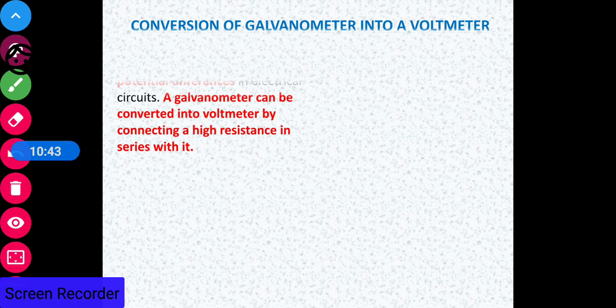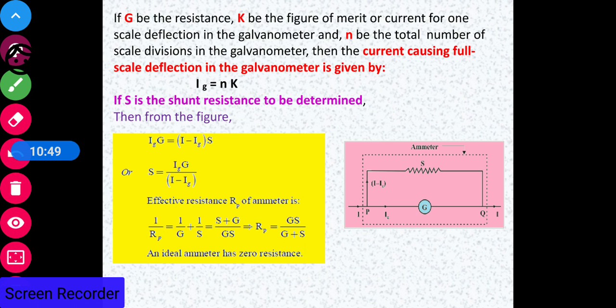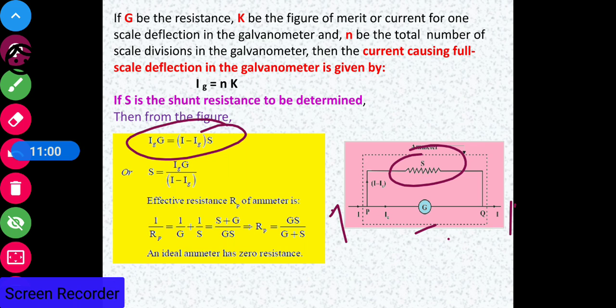Now how is it written? Since the shunt is connected in parallel to the galvanometer, and we know that across a parallel combination the potential difference remains the same across all components, the potential drop across S and the potential drop across the galvanometer will be the same. So V = IR.